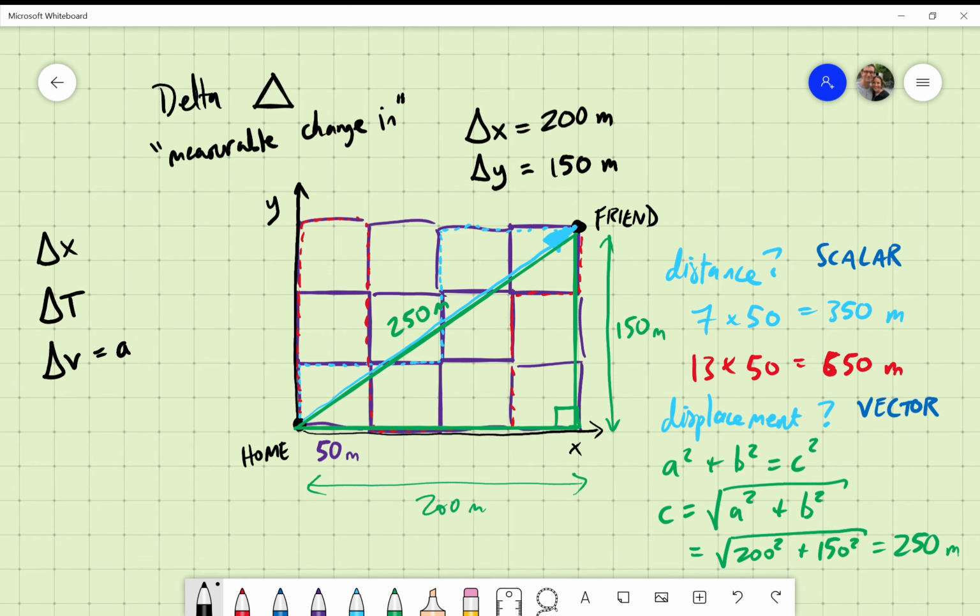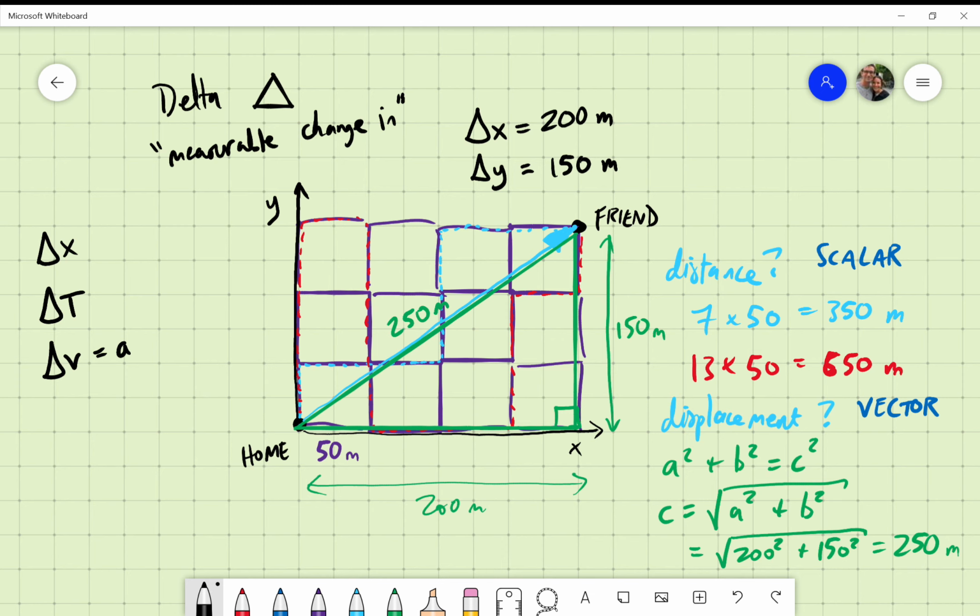Interesting point to make here. If you now turn around and travel back from your friend's house to your home, you go the other way, then your delta x would actually be negative 200. That's to signify that you are going in the backwards direction.